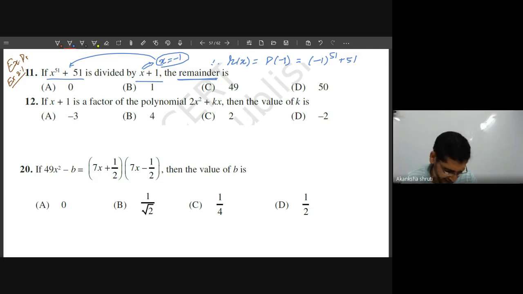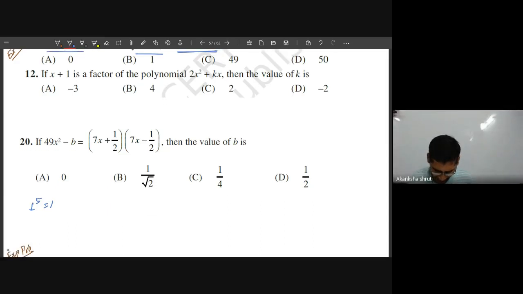Students, keep in mind 1 to the power anything, say 5, remains 1. 1 to the power anything, say 4, remains 1. But if you are taking -1 to the power 5, what does it become? Whenever this power is odd, then it is -1. -1 to the power 4 is 1.